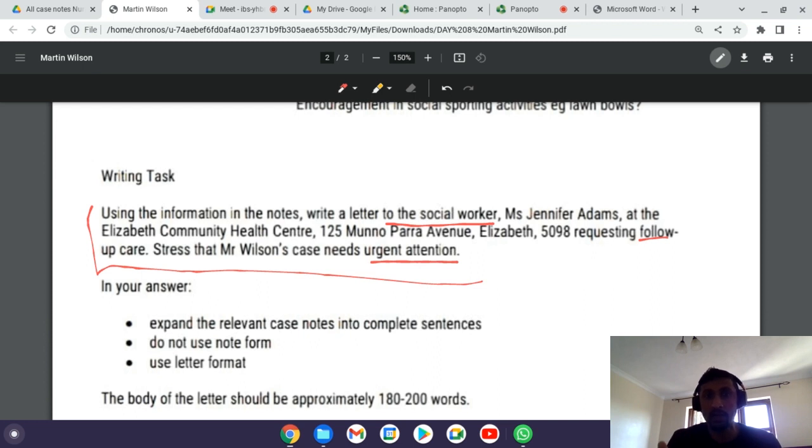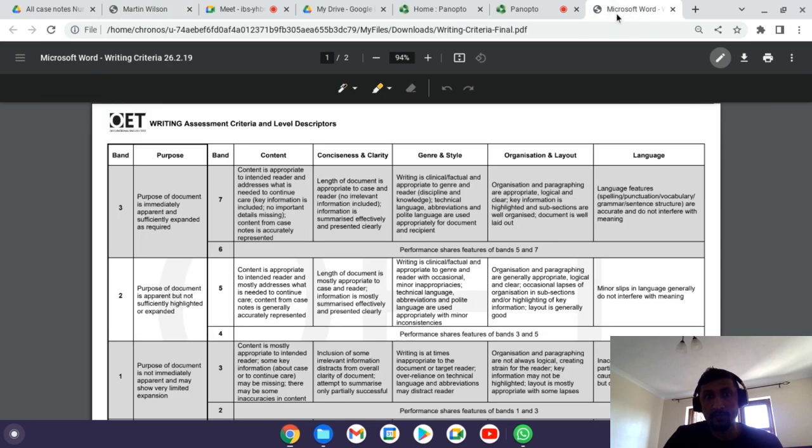So again we are talking about the introduction. When you see the evaluation criteria for the OET writing, you can see that the purpose of the letter should be immediately apparent and sufficiently expanded.